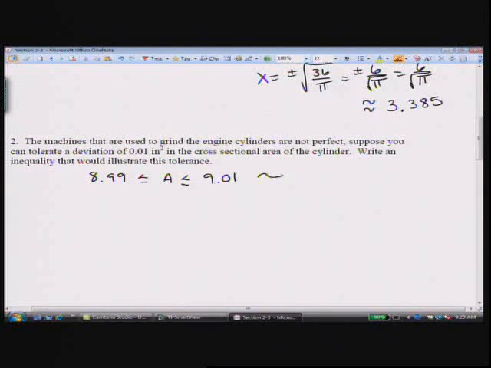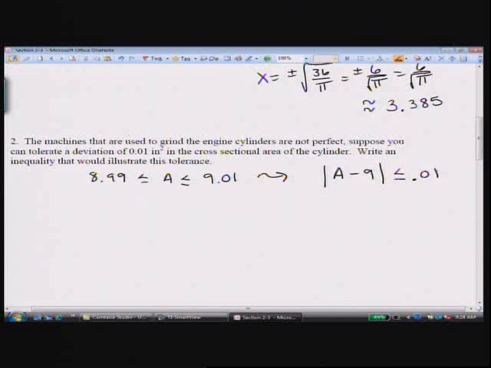Okay, another way to state this is with absolute value symbols, because absolute value just means on either side of 0. Like the absolute value of x is less than 5 means that you're between -5 and +5. You're sandwiched in between, right? Because absolute value is really just your distance from 0. Well, if we said my area tolerance, the distance between what I actually want, which is 9, has to be less than or equal to 0.01.